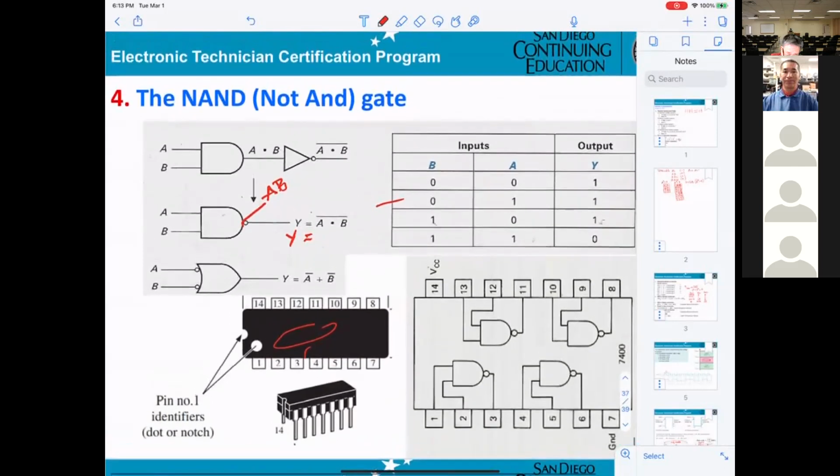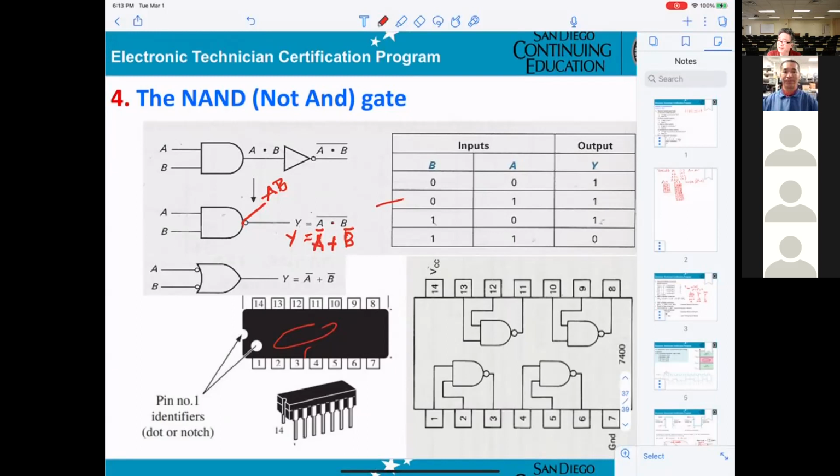We just did it. A will be not A. B will be not B. And now it will be OR. Okay, I need that.